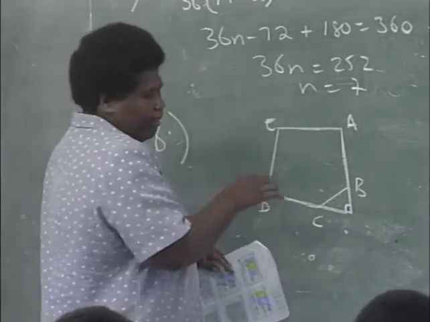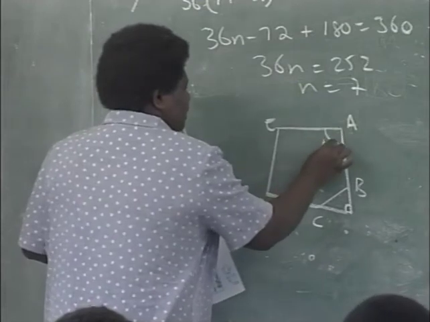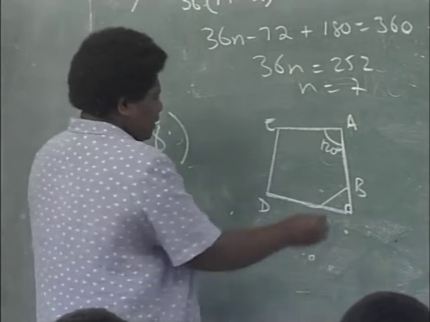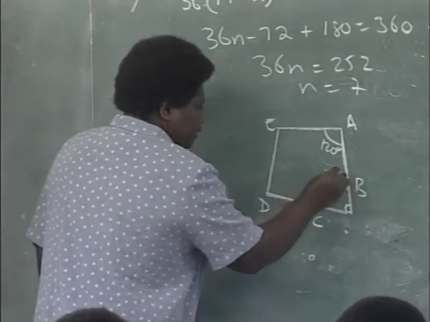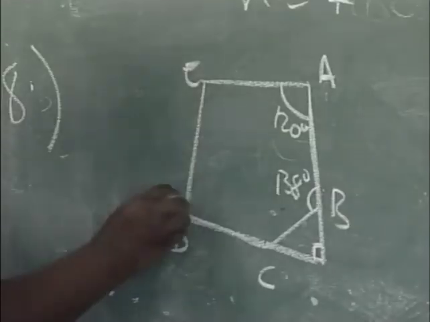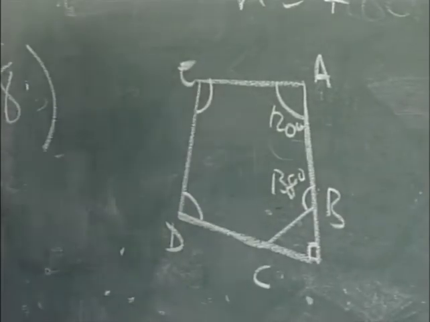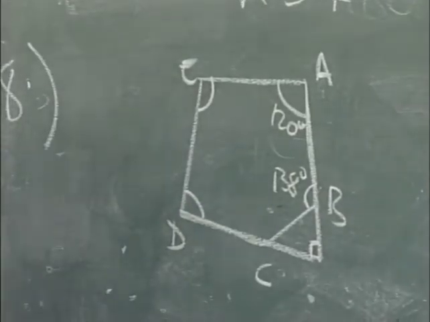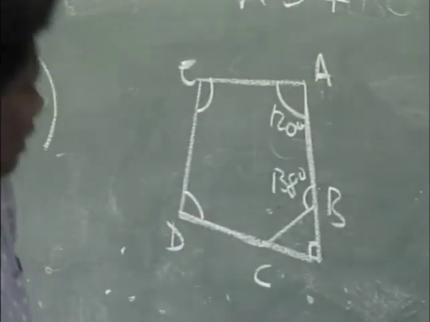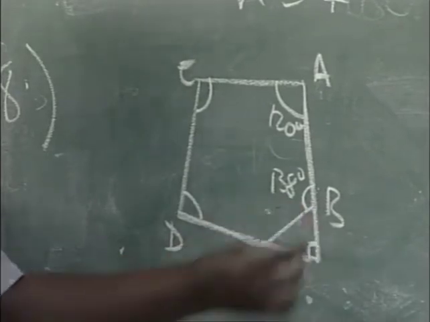All right, angle A is 120 degrees. You should draw it a little bit bigger than this one. Angle B is 138 degrees. And angle D and E are equal.